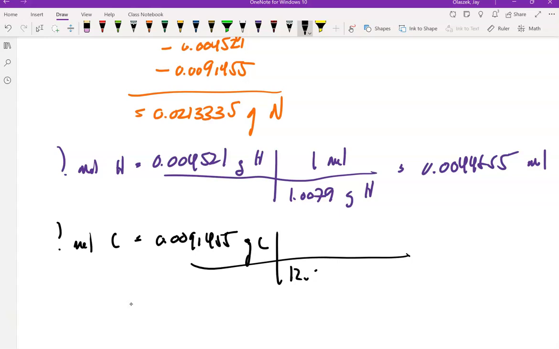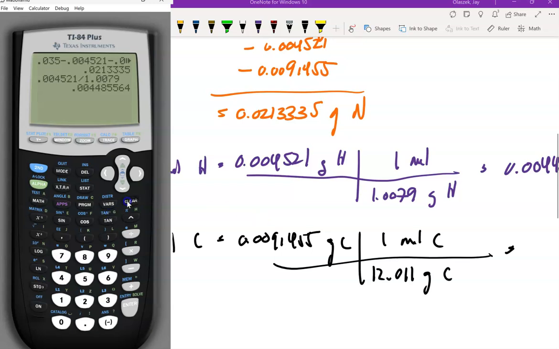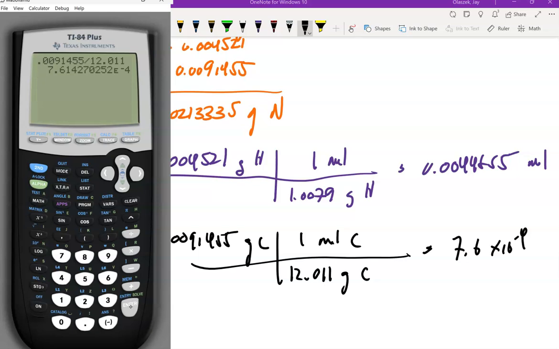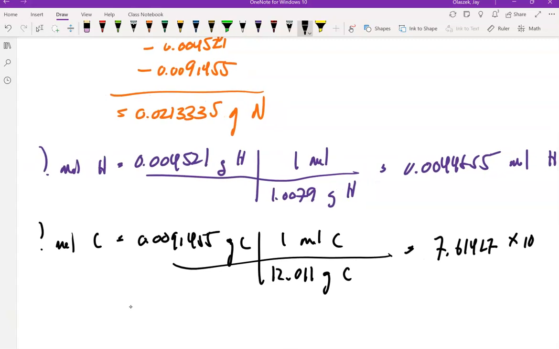If we know that there are 12.011 grams of carbon in 1 mole of carbon, bust out our calculator. 0.009145 divided by 12.011 is 7.6 times 10 to the negative 4. Should I express that to some more decimal places? 7.61427 times 10 to the negative 4.